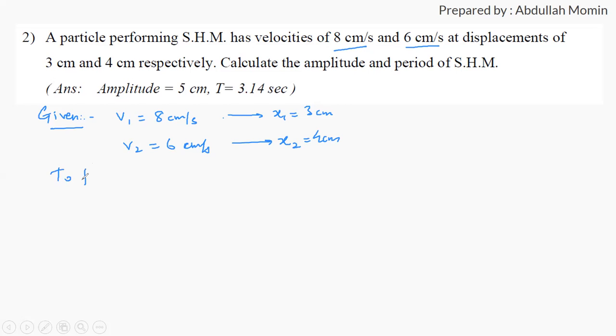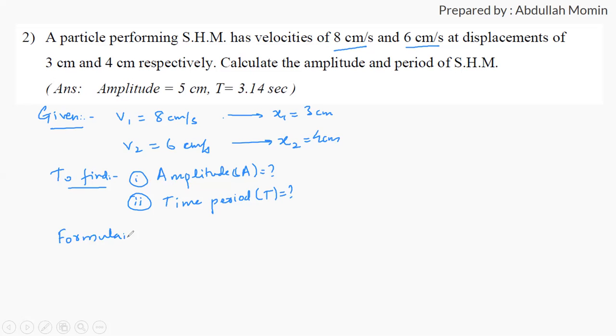And we are supposed to find out number 1, amplitude, that is denoted by A, and number 2, time period, that is denoted by capital T. So formula.